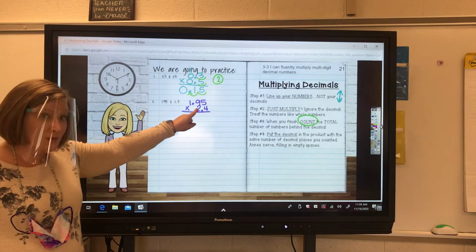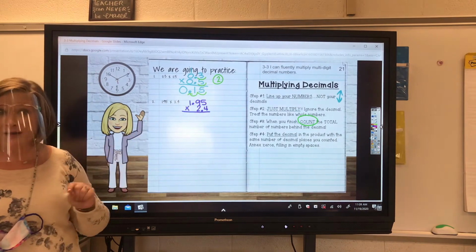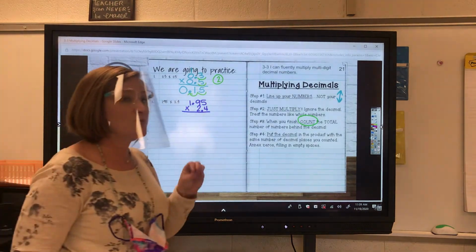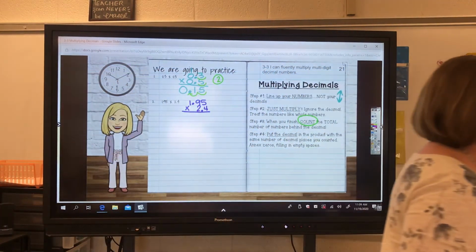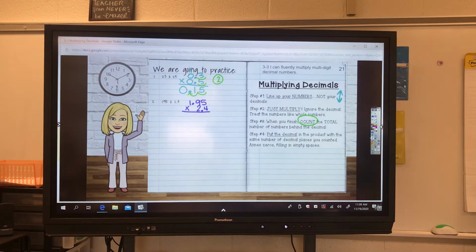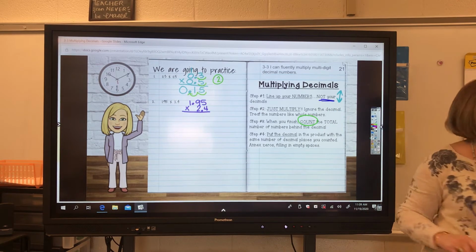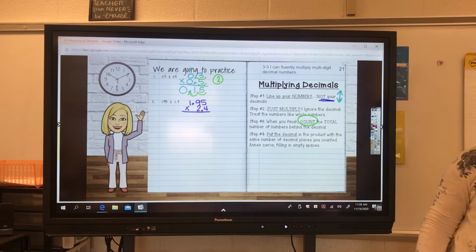My 2 is going to be underneath my 1. Are my decimals lined up? No, they are not lined up, okay? It doesn't matter. It tells us over here, do not line up your decimal. Line up your numbers.